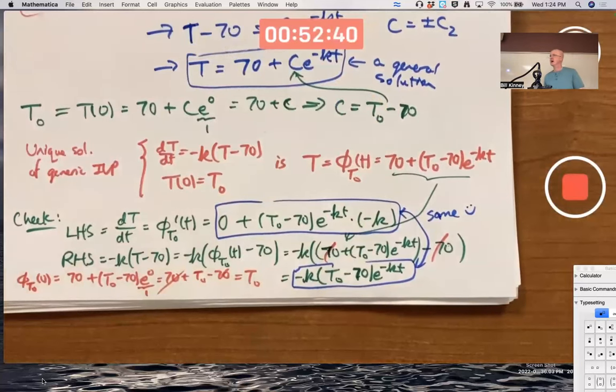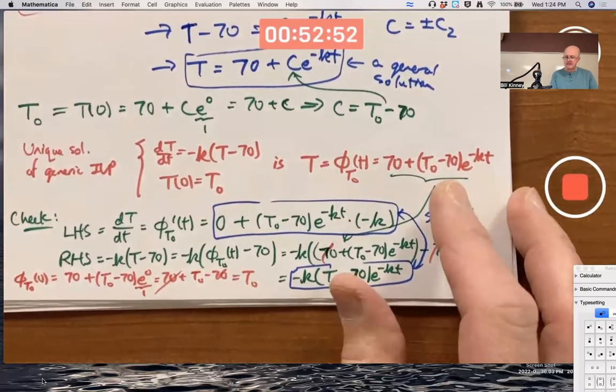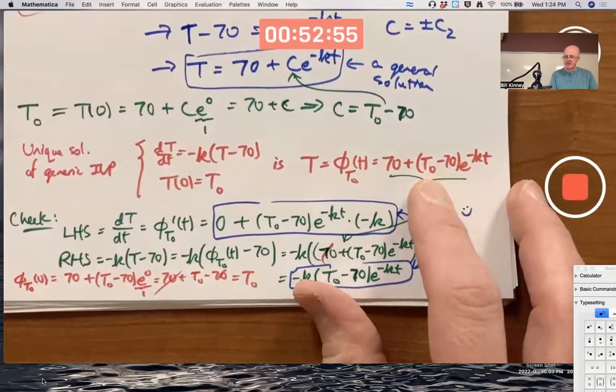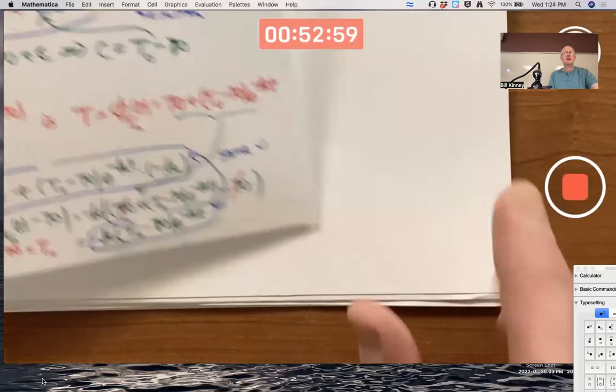The initial value checks as well. A fundamental thing to be able to do when you're first learning about differential equations is checking solutions. So now, how would we use this? If we know the initial temperature, we can just plug it in there. We still got to figure out K though.